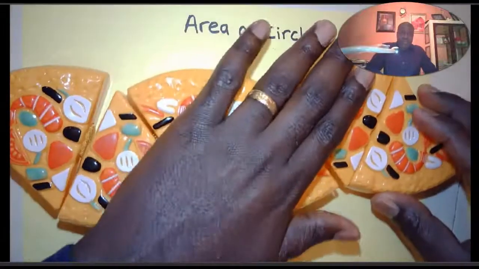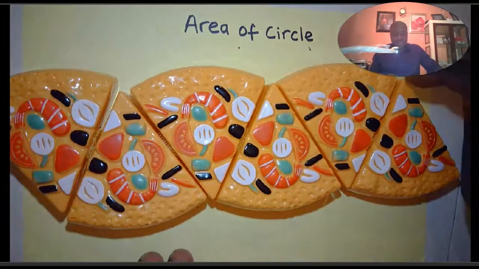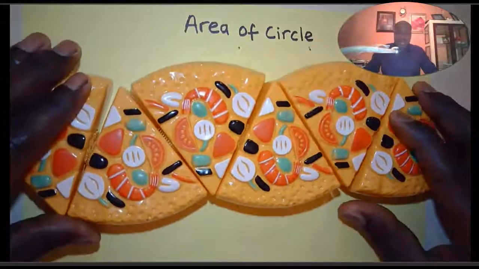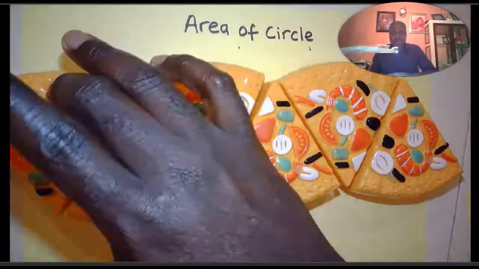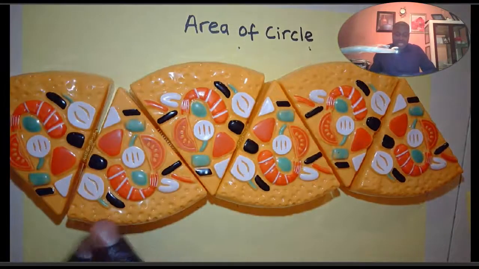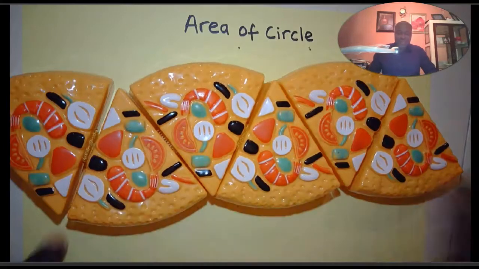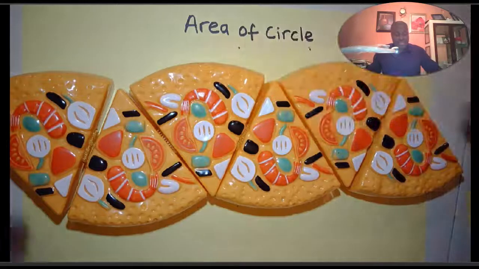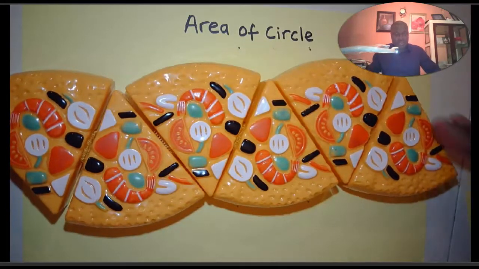But before we look into the bigger picture, one thing we have to notice is that when we look at this side of the shape, it's half of the pizza: 1, 2, 3. And when we look at here, the side here too is 1, 2, 3. So half of the pizza is on this side and half of it is over there. And this length here is the radius.